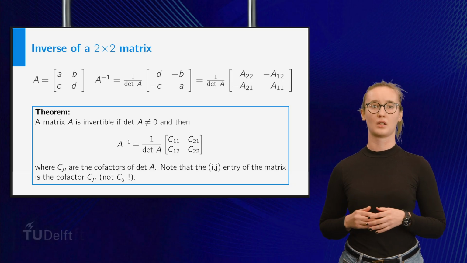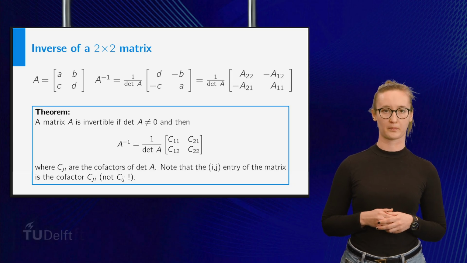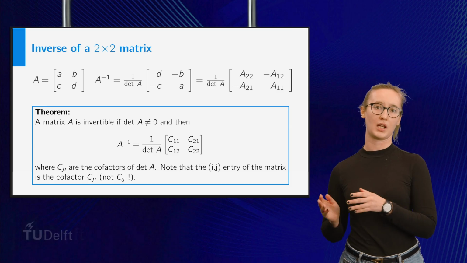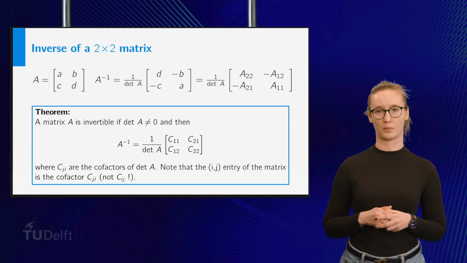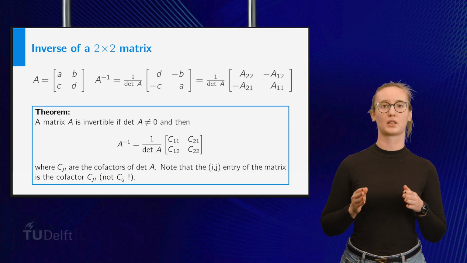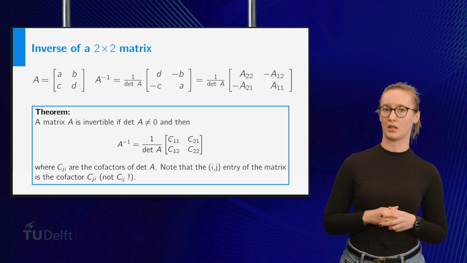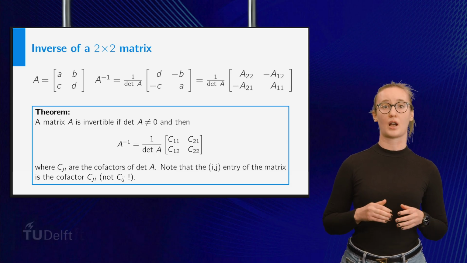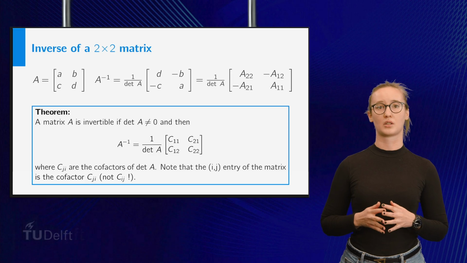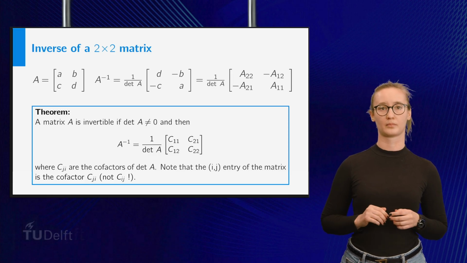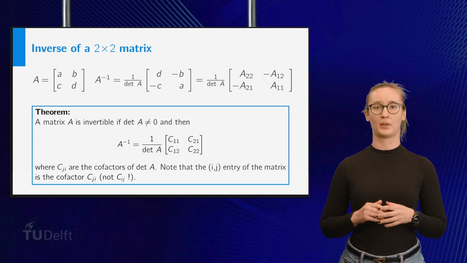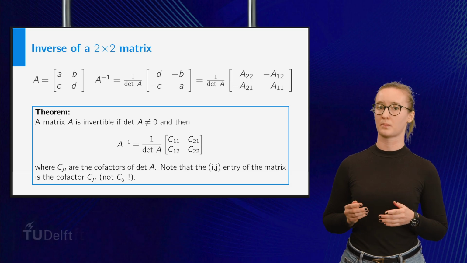Cij are cofactors of A. Note that the ij entry of matrix A to the power minus 1 is the cofactor Cji, not Cij. Cofactors are familiar to you already as a tool for calculating determinants. Now you can also apply them for finding the inverse.